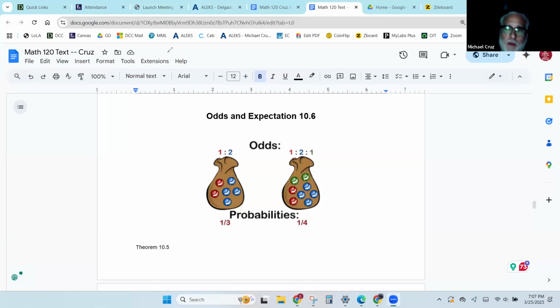So what I have on here is a little bag of items. And I'm going to try to fix this to make it a little bit more understandable.